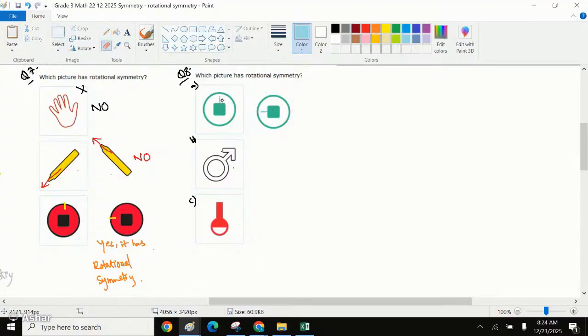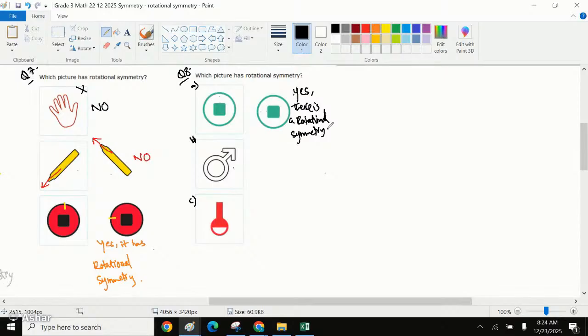If I remove the markings that I did over here, even after a rotation, it still looks the same. That means, yes, there is a rotational symmetry.